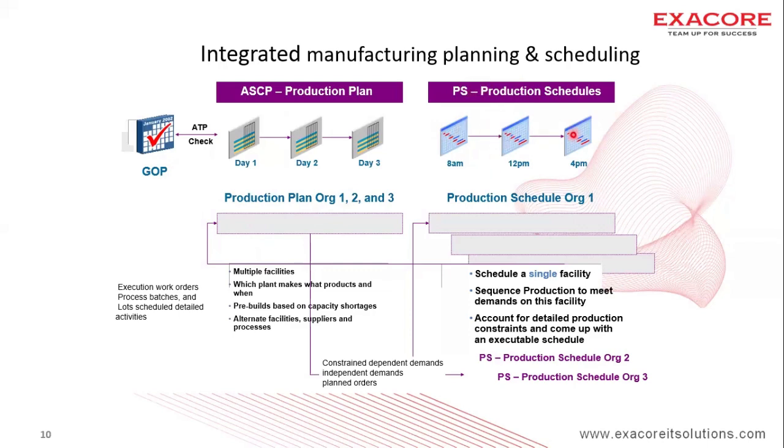Then this production schedule will refine the plan to a detailed schedule and sequence, which will then become the starting point of the next step. So for example, if you have multiple facilities, Oracle ASCP will identify which plant will make what products and when.